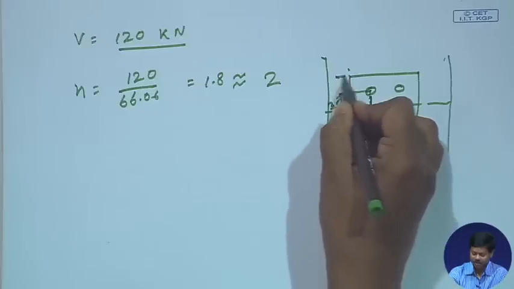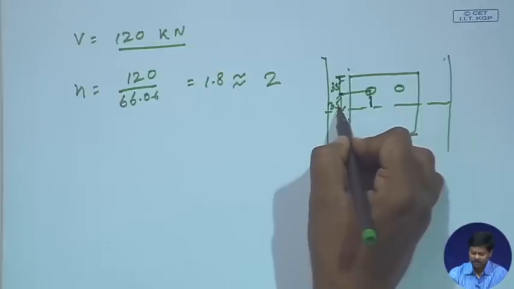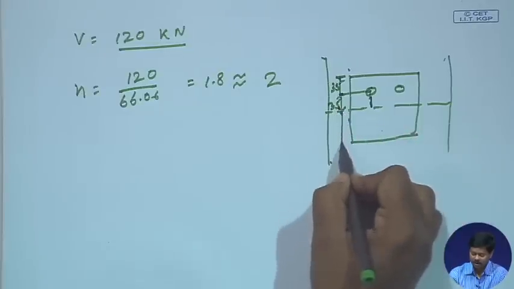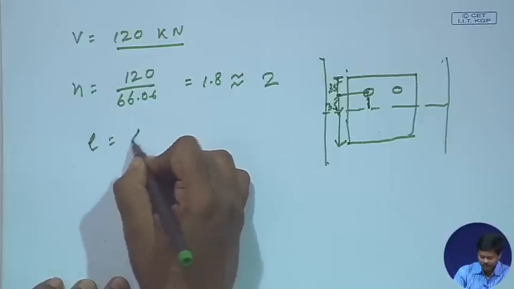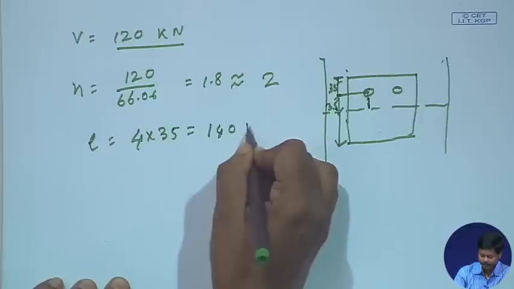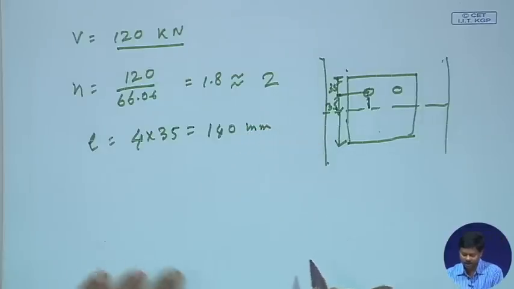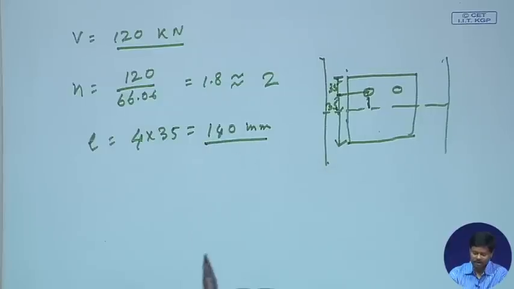So, this is 35 and this is 35. So, total will be 35 into 2, 70, and again 70, right. So, finally, the length will become 4 into 35, so 140 mm. So, the length of the splice plate will become 140 mm.